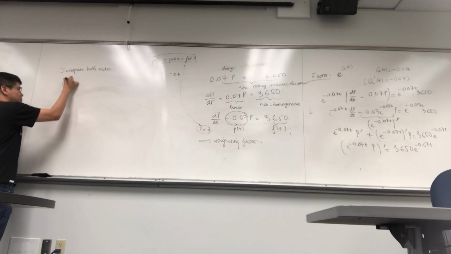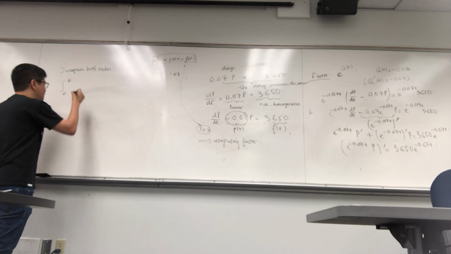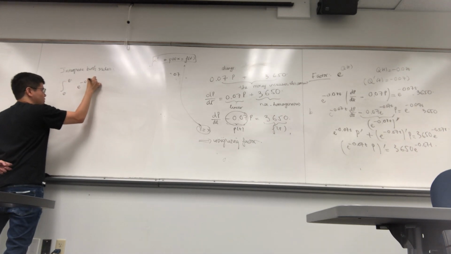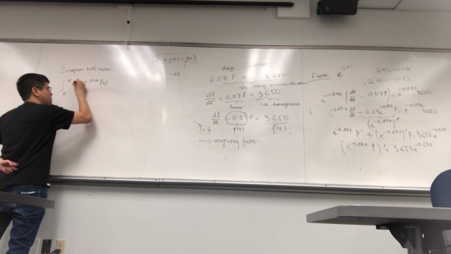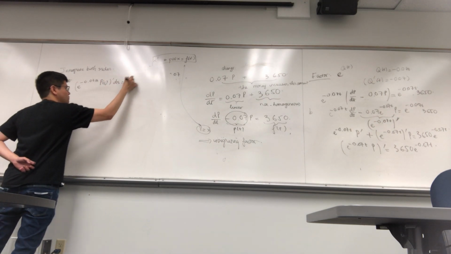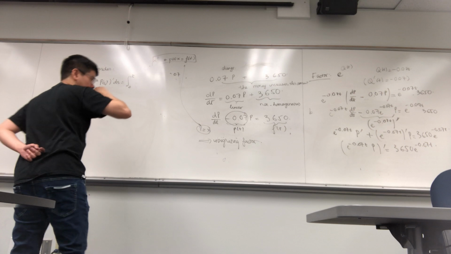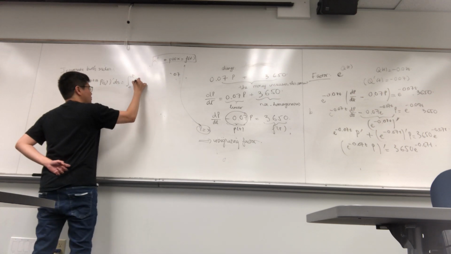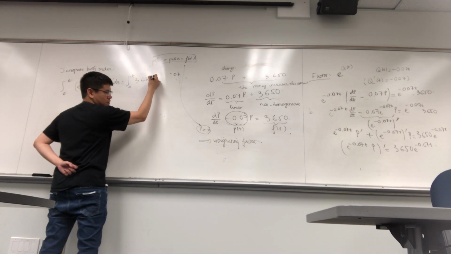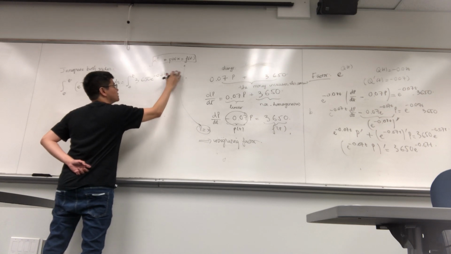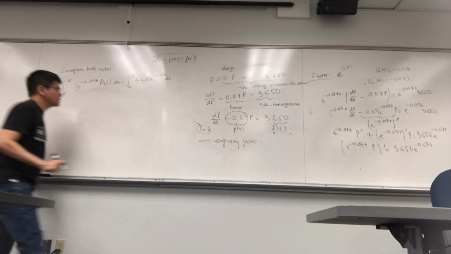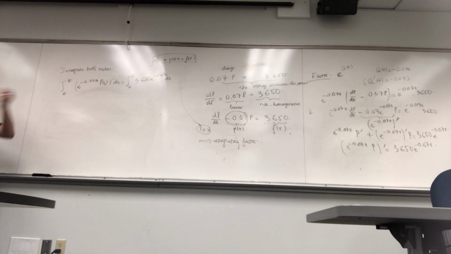So I integrate from 0 to t of the derivative of e^(-0.07s) p equals the integral from 0 to t of 3650 e^(-0.07s) ds. All right? So I change the variable into s so that I can integrate.